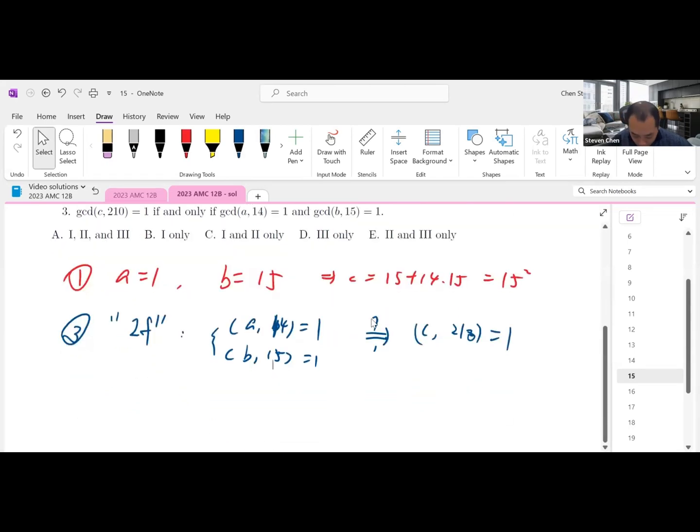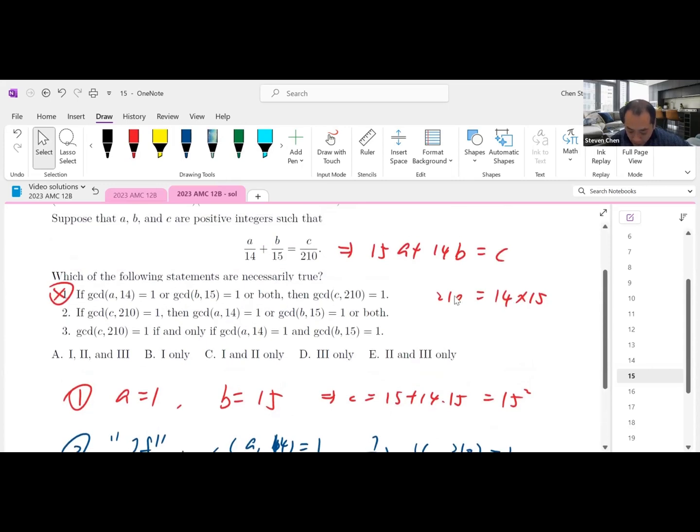Okay, so let's make a proof. So we will use the contradiction argument. Suppose that under the conditions on the left-hand side, we find C and 210 are not relatively prime.